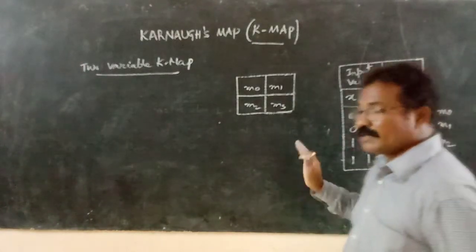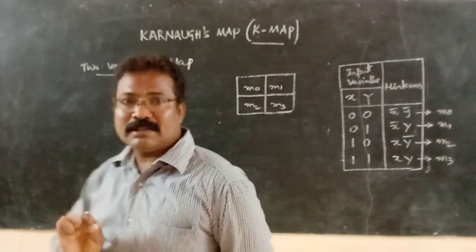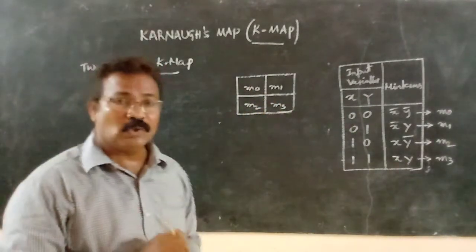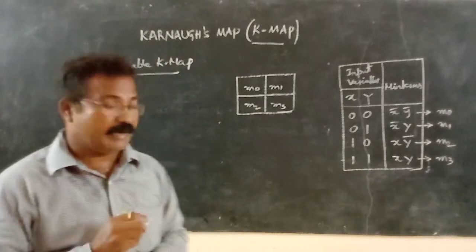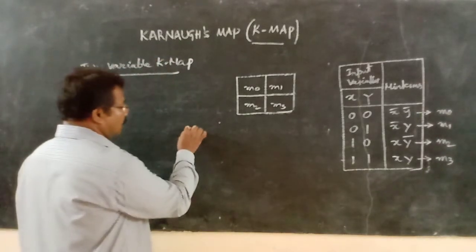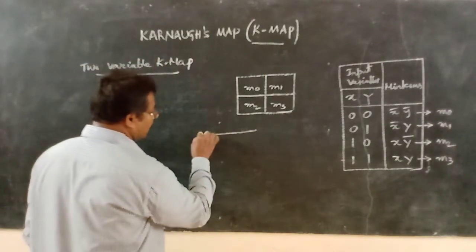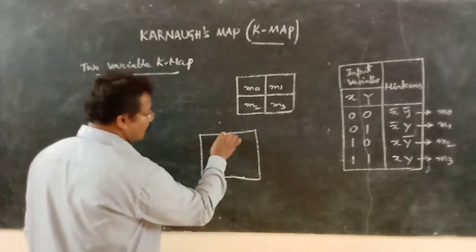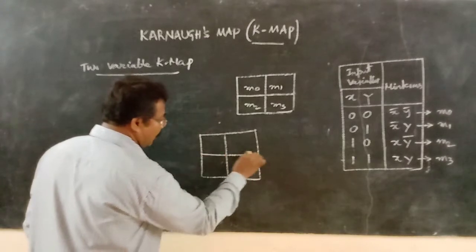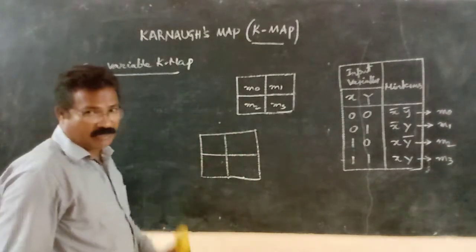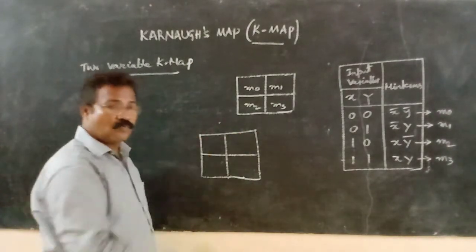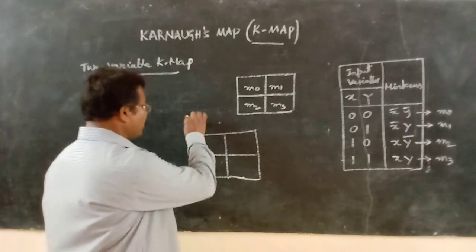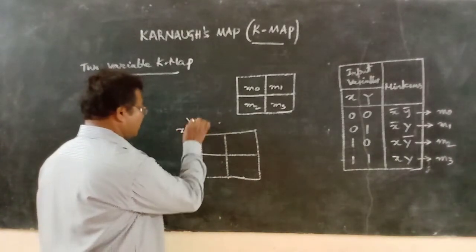So let us take one example for this 2 variable K-map. This is the 2 variable K-map, and it consists of 4 squares. The 2 variables are x and y.